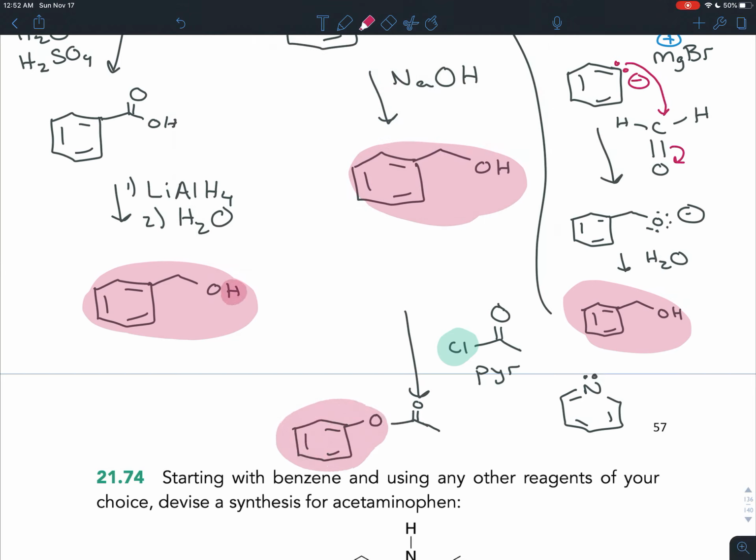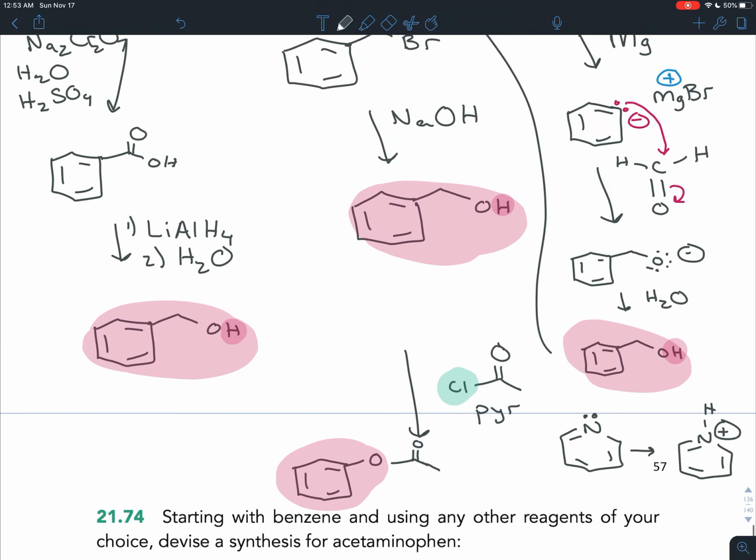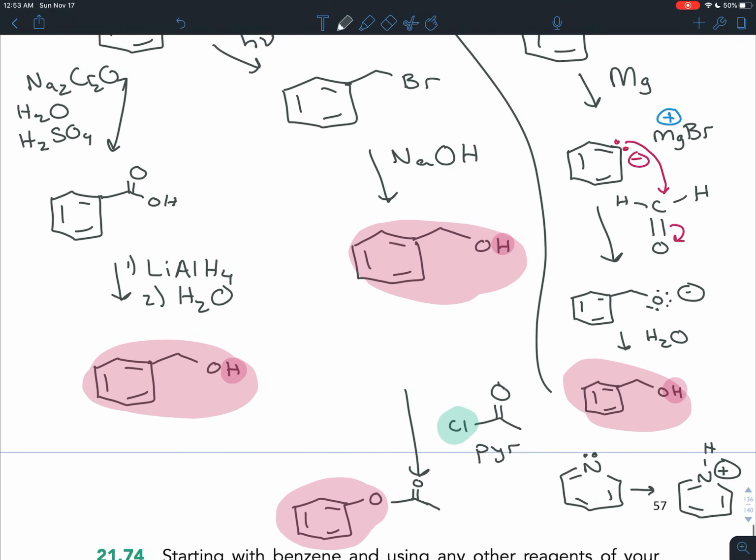And you'll notice that the hydrogen is missing. Where'd the hydrogen go? It went to the pyridine. So pyridine would accept that H+ and become pyridinium. The P in PCC, pyridinium.